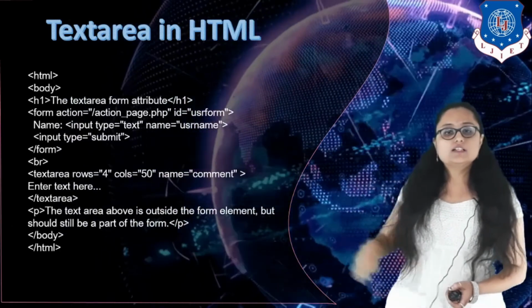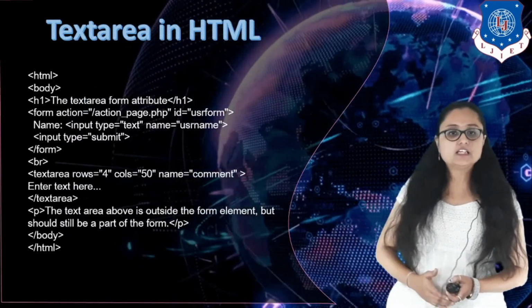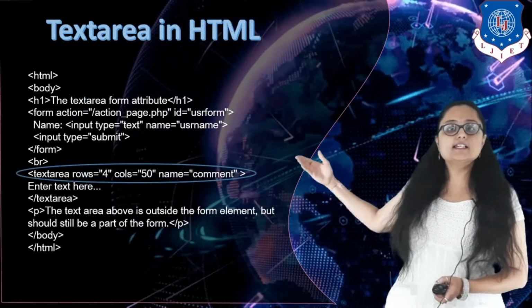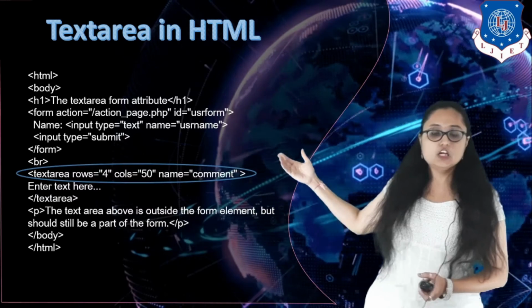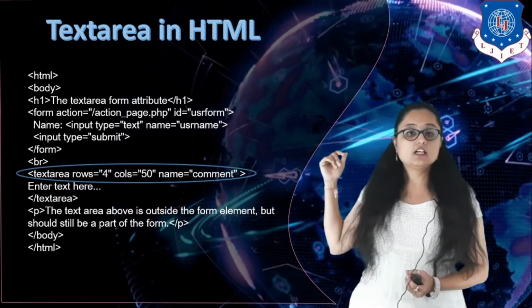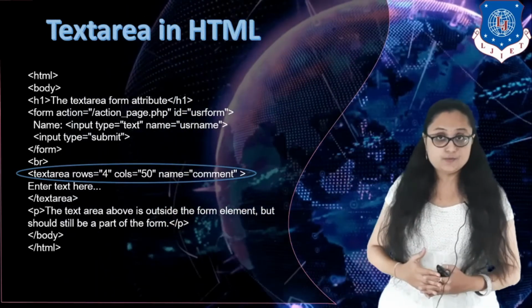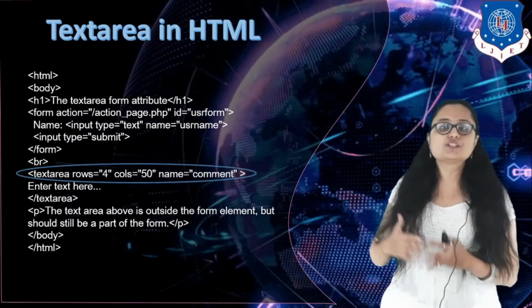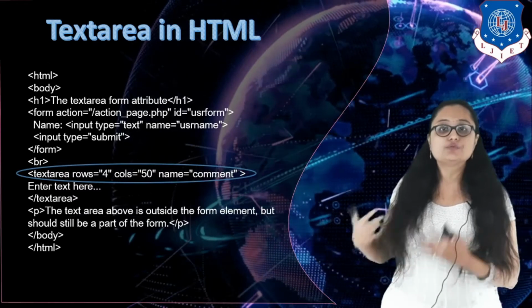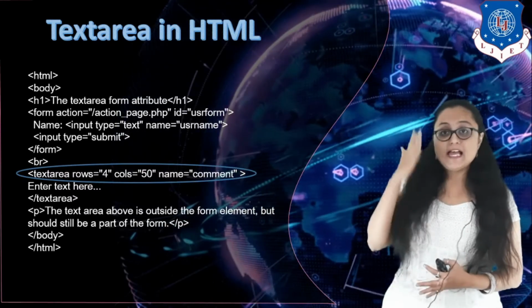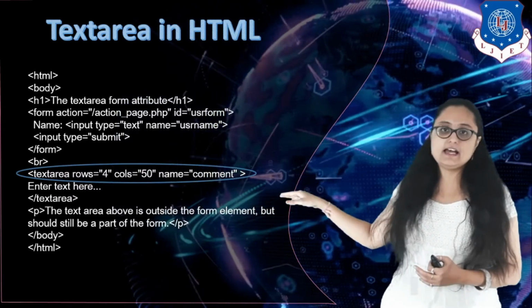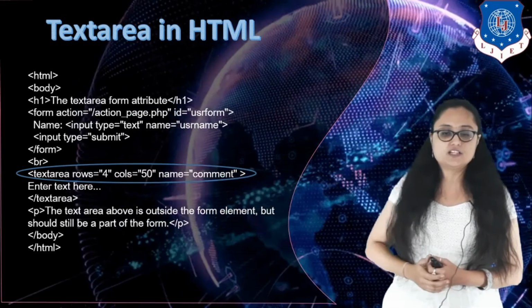so see, this is the code for text area. You have the text area tag, then you are specifying rows and cols attributes, and the value is rows is equal to 4 and cols is equal to 50. So I want 4 rows and 50 columns, right? And I have written name for that particular text area.